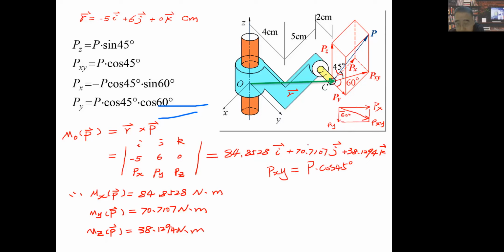From this picture, you can find that py should equal pxy times cosine 60, right? Because pxy equals p times cosine 45. Can you understand that from this?